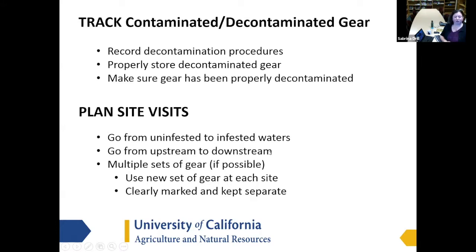That makes sense. Yes, go from upstream to downstream if you're thinking about things that might be coming up through an estuary, or just, you know, downstream waters are always receiving more input of things. Multiple sets of gear I mentioned, and then just keeping track of it so that everybody knows what gear's been decontaminated and is ready to go out back in the field again and what hasn't.